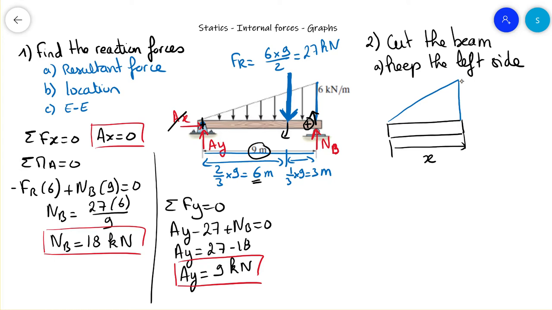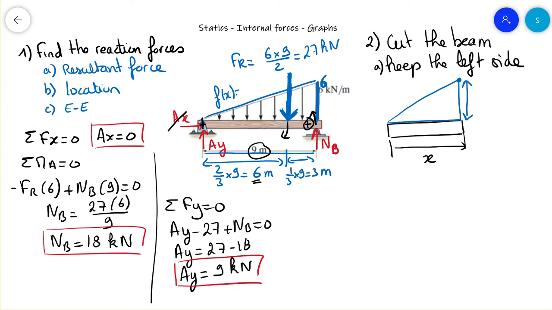This distance is x. How much is the load there? The total is 6, but if you write the little f(x), the function of the distributed load, it is going from 0 to 6 in 9 meters.